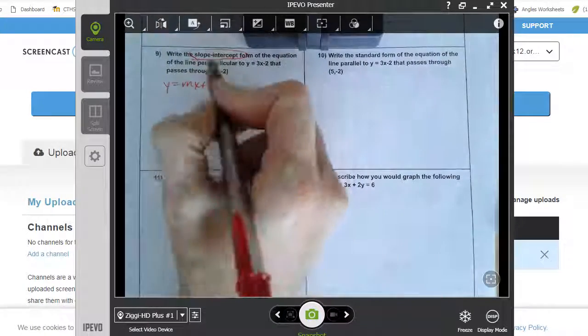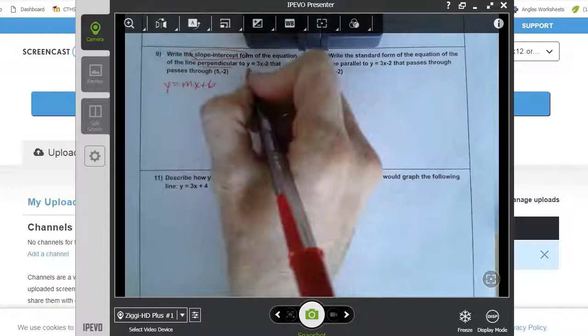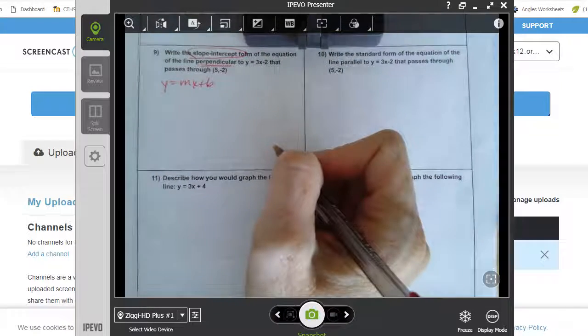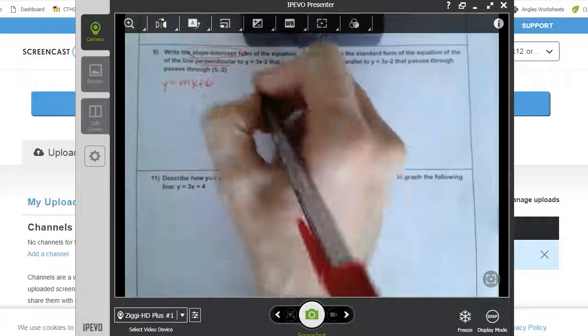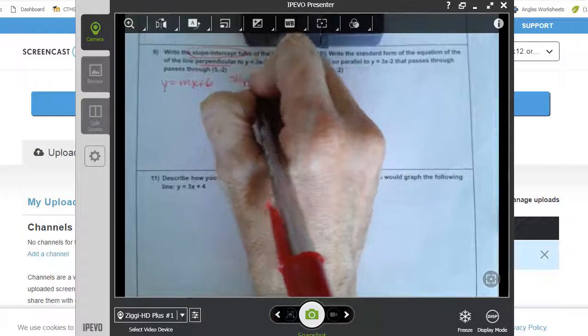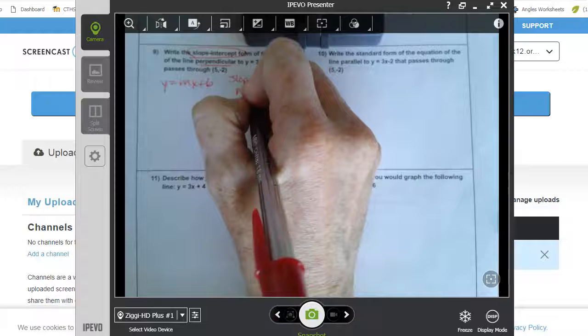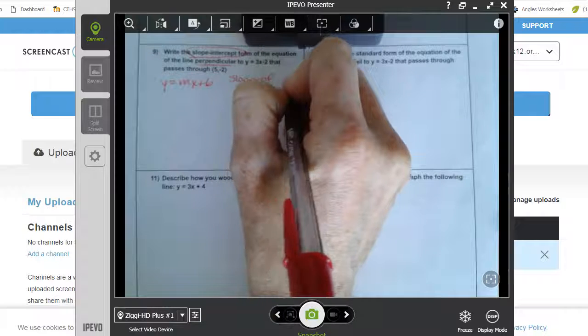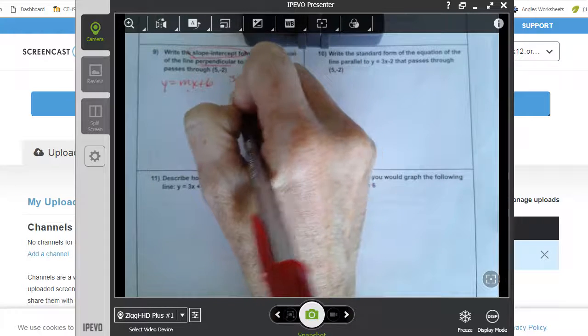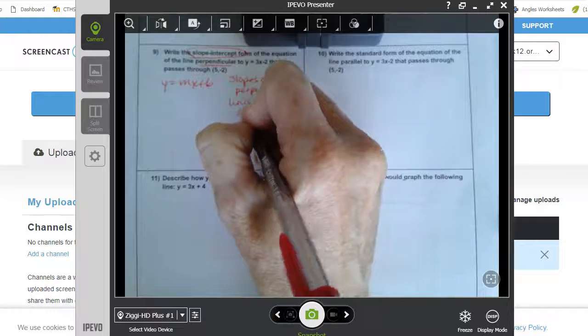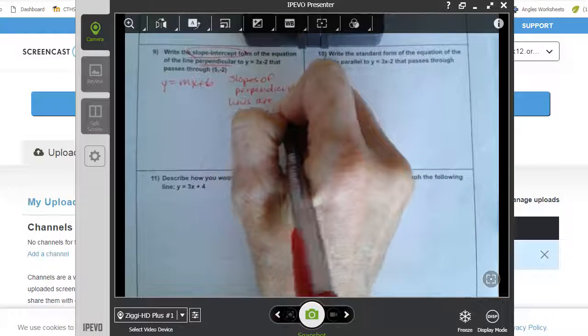I've got an equation that is perpendicular to y equals 3x minus 2. And what I know about slopes of perpendicular lines is that they are opposite reciprocals.